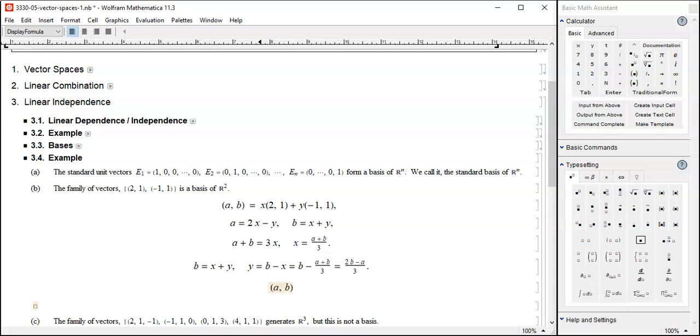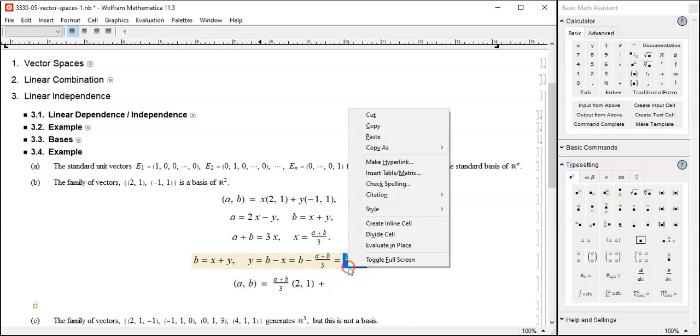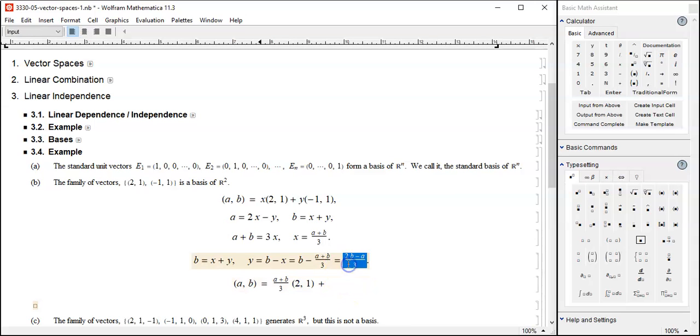An arbitrary vector (a, b) can be written as (a plus b) over 3 times (2, 1), and then y is this number, times (-1, 1).